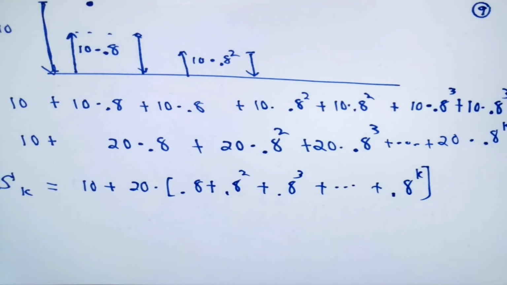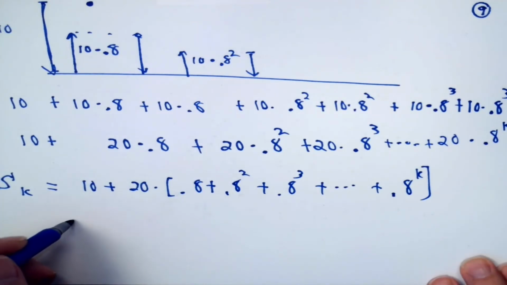I could have factored out a 0.8 out of everything in the bracket as well. If you look at the thing inside the bracket, as k tends to infinity, this is obviously a geometric series. The a is 0.8, and the r is also 0.8.